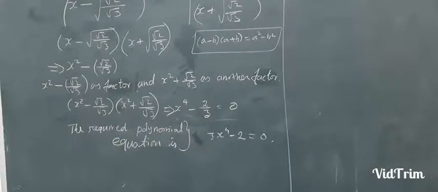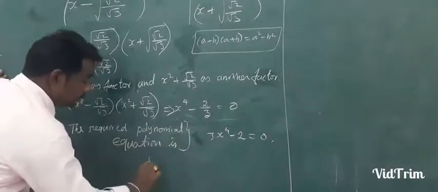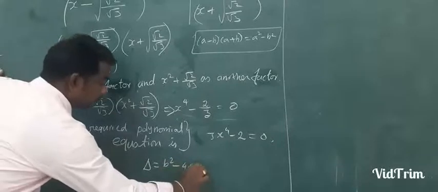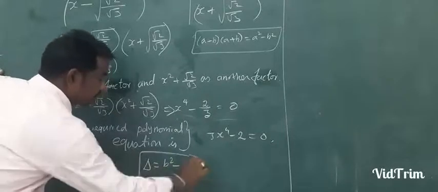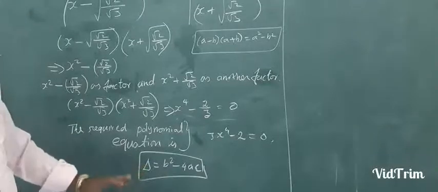Now we identify the nature of the roots of the given equation without solving the equation. The idea comes from the discriminant, delta or lambda is equal to b square minus 4ac. Already you studied in 10th standard about this delta or lambda.